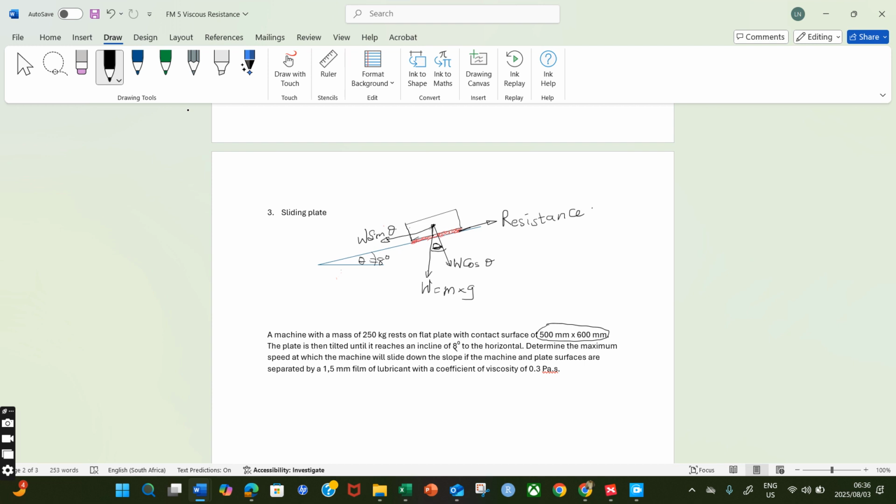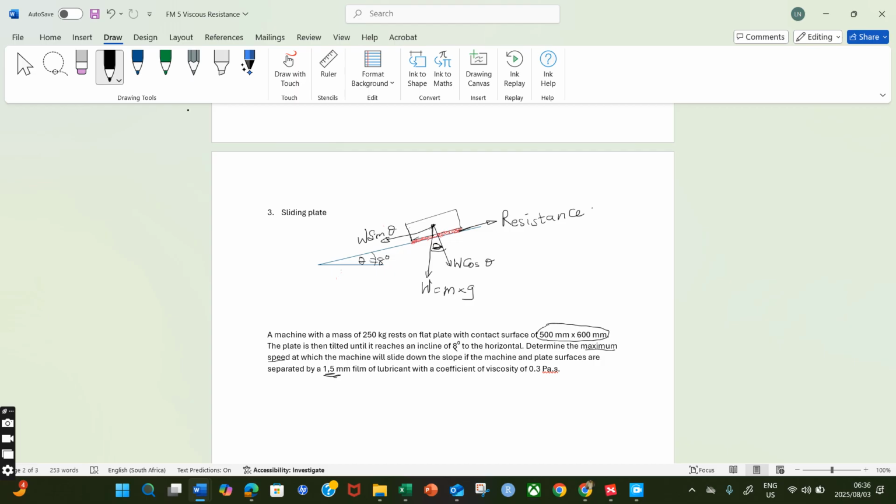Determine the maximum speed at which the machine will slide down the slope, if the machine and the plate surfaces are separated by a 1.5 millimeter film of lubricant.